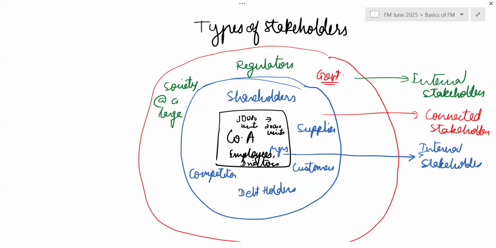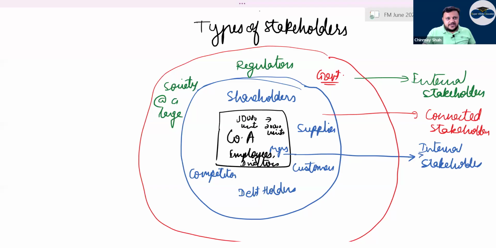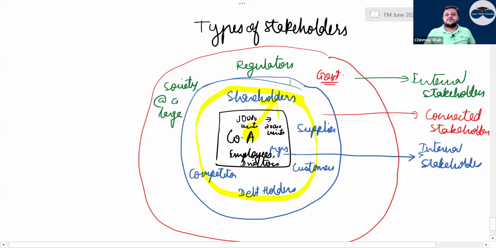No. But generally what happens, see, if you keenly look at it, try to understand it, whatever decision is taken from here, it moves outside. Its impact goes up to internal and connected stakeholders. Because of this decision or because of some other factors, a government decision may affect you as a stakeholder.